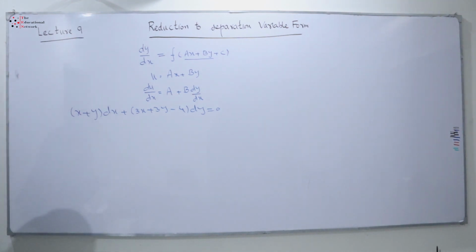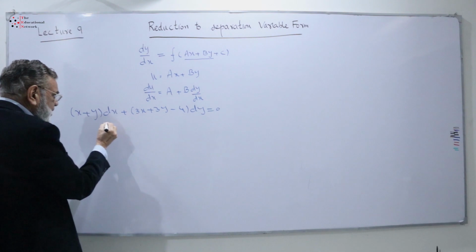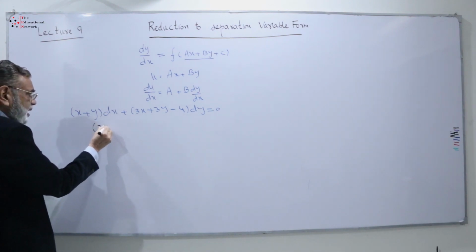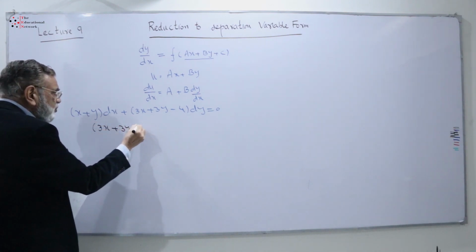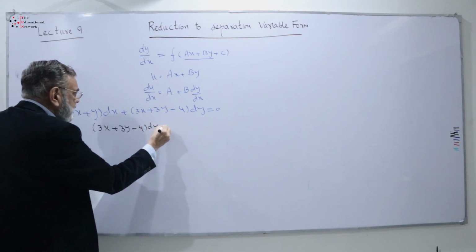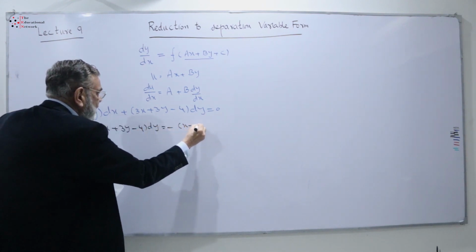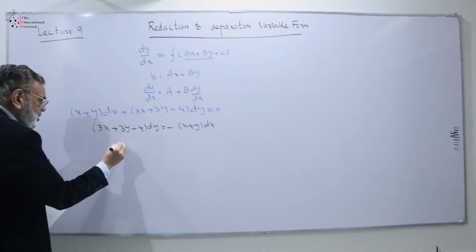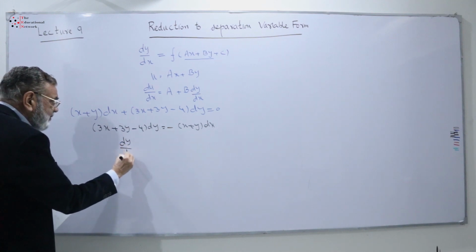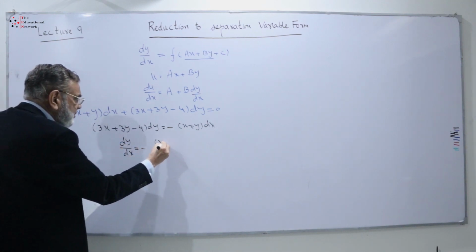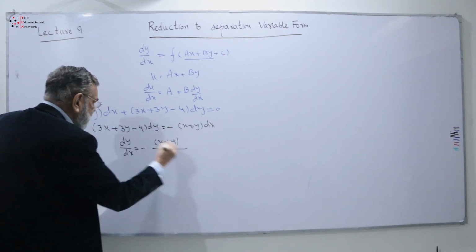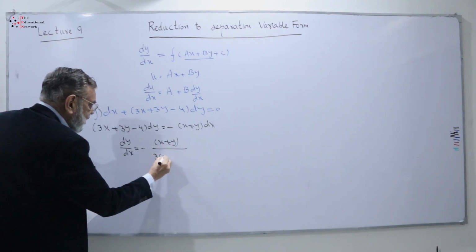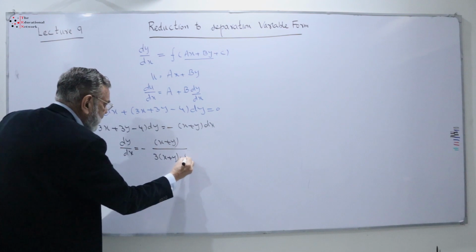Actually, this is in the form which I mentioned before. How it goes in this form, we can see. We write it in the form of dy by dx. We take this one to the other side, so we get (3x plus 3y minus 4) dy equal to minus (x plus y) dx. Now we divide by dx and get dy by dx equal to minus (x plus y) over, taking 3 common in the denominator, 3(x plus y) minus 4.